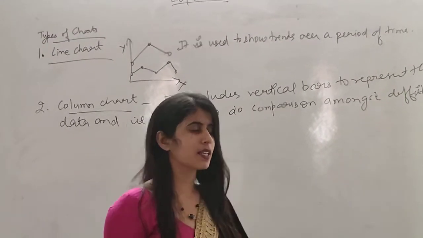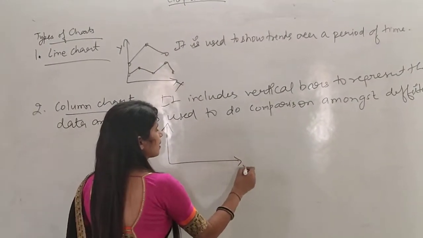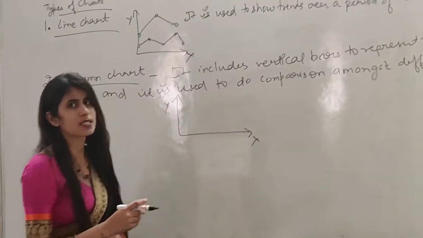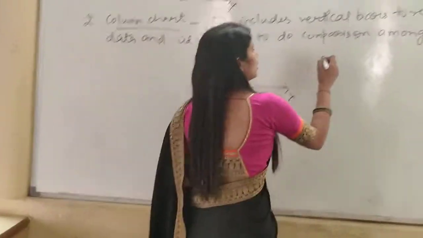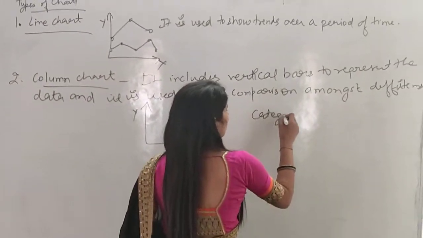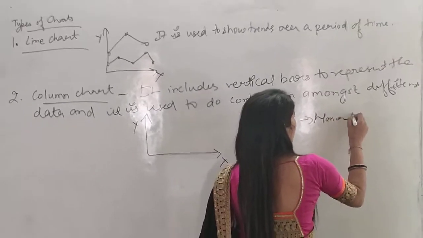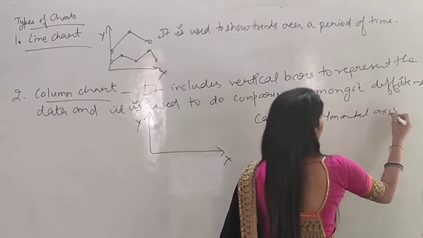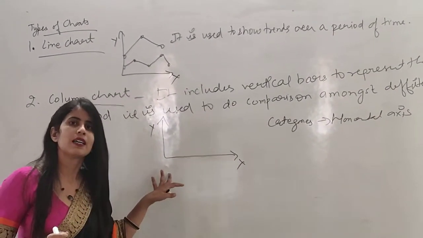I am going to describe the column chart. This is x-axis and this is y-axis. Here it shows the category on horizontal axis. This is the horizontal axis, so it will show you the categories.